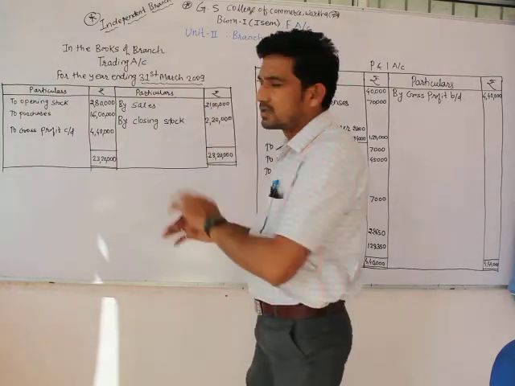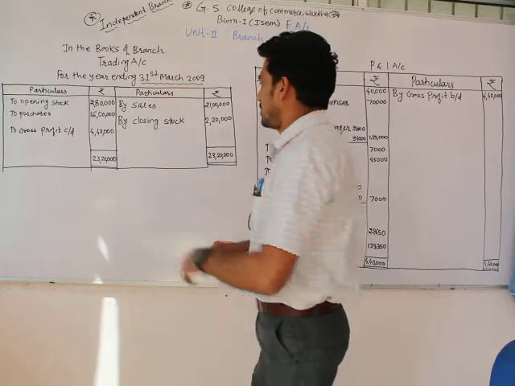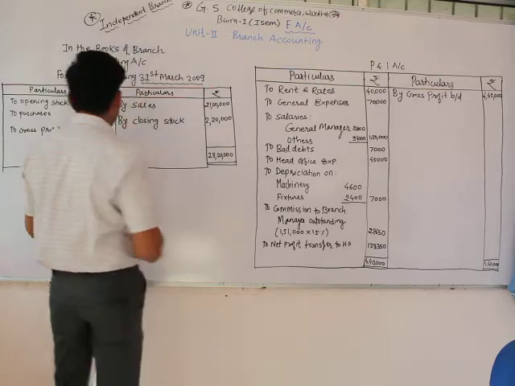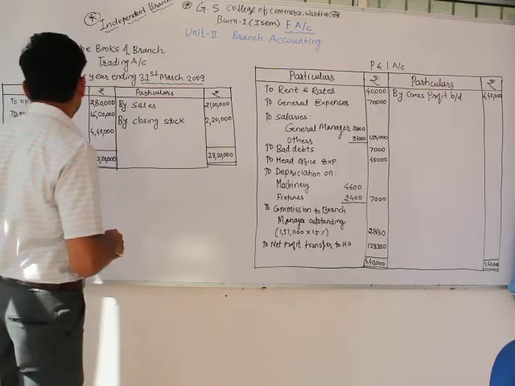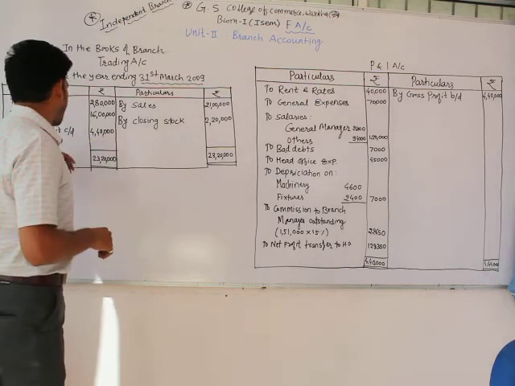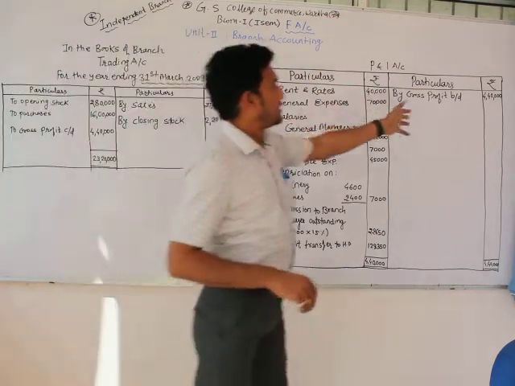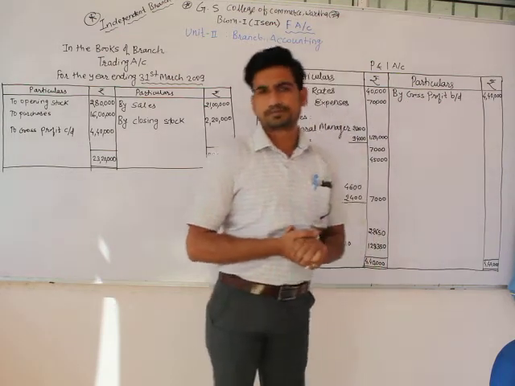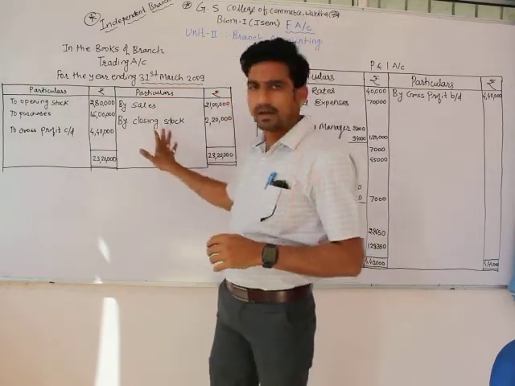So these are the figures which are part of the trading account. After balancing those two sides at rupees 23,20,000, we are here with a gross profit of rupees 4,40,000. It will be carried down. We have to write it on the profit and loss account credit side, gross profit brought down 4,40,000. So this is a simple trading account.